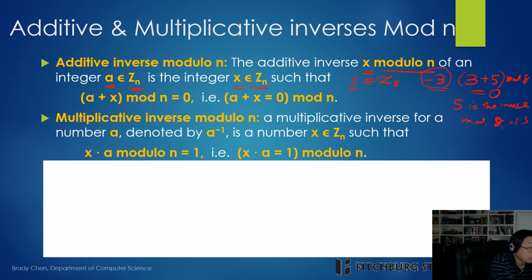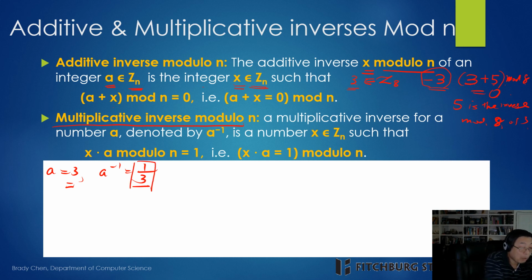Now, the multiplicative inverse modulo n is even more complicated than the multiplicative inverse in the regular sense. Remember, when a equals 3, the multiplicative inverse is the reciprocal of a, so a inverse is 1/3. This is definitely not going to work, because if a is an integer, a inverse is not even an integer, it's a fractional number.